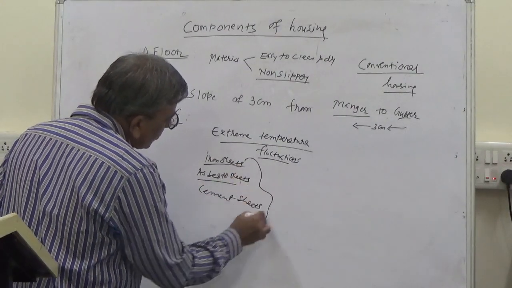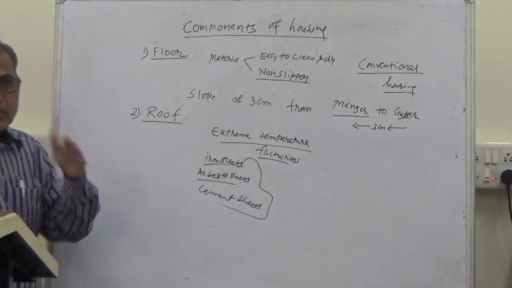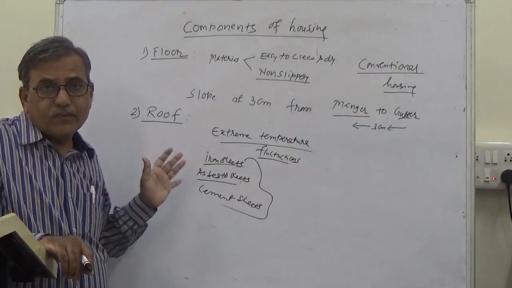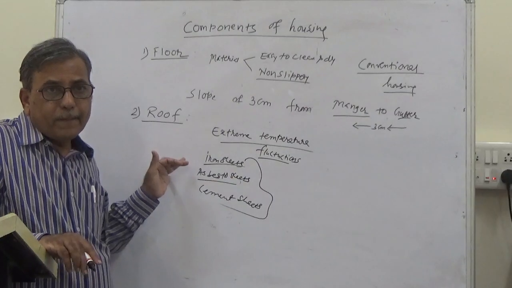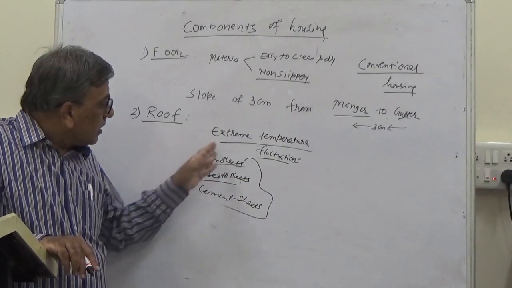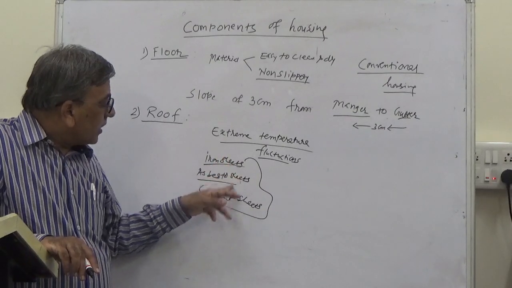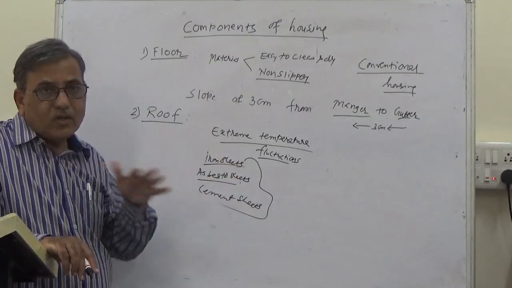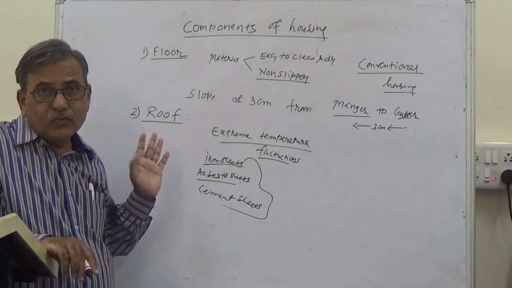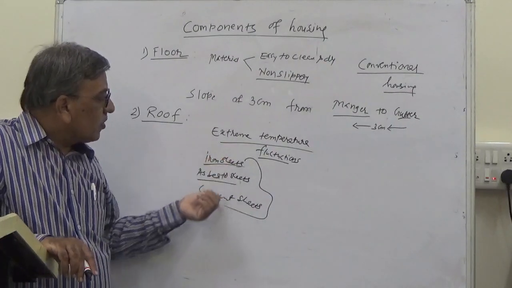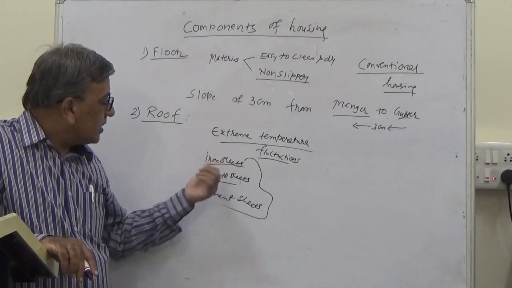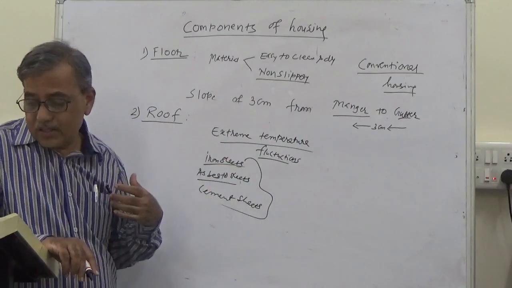These are commonly used to construct the roof of dairy farm house. In today's date, other materials are also available for preparing the roof of the house, but these are commonly used in the rural area also: iron sheets, asbestos sheets, and cement sheets.